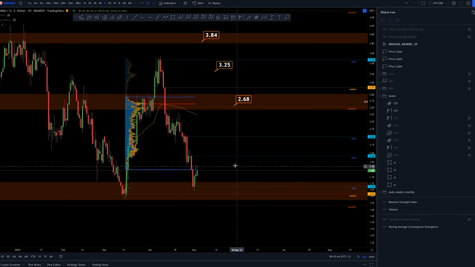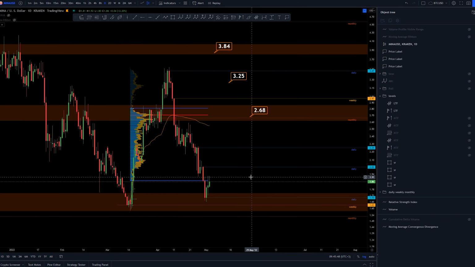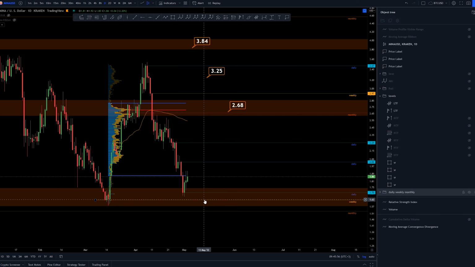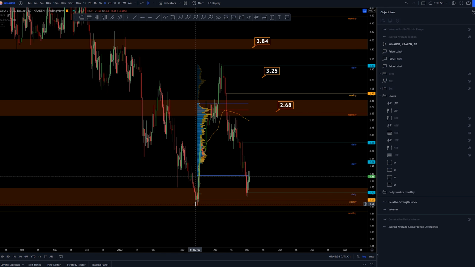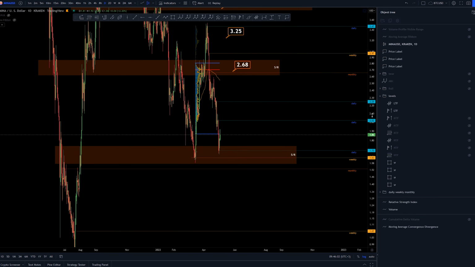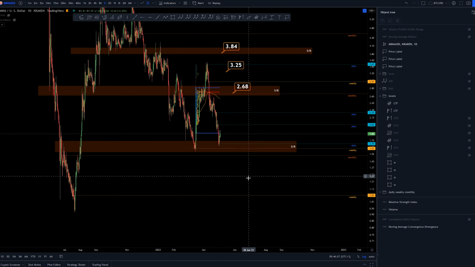If we are able to reclaim that level and probably back test it, I could be seeing higher levels. If it still continues to be a resistance level, then we could be just testing this weekly established before here around the 14th of March, and after that again the monthly around $1.53.